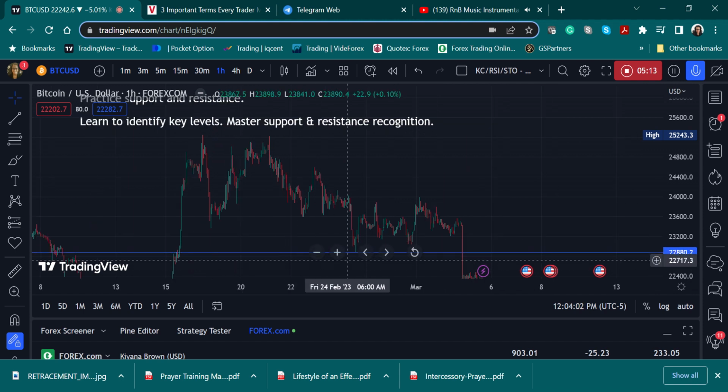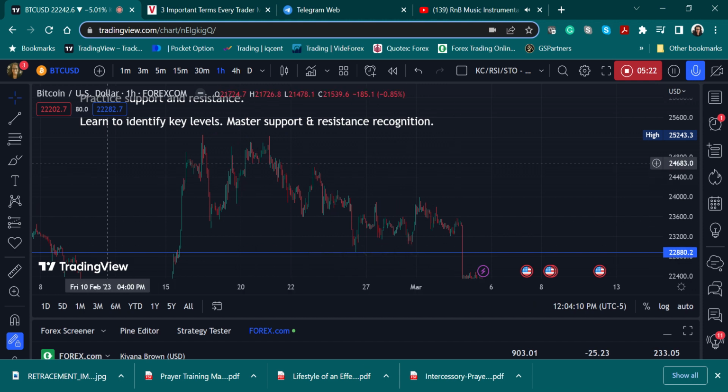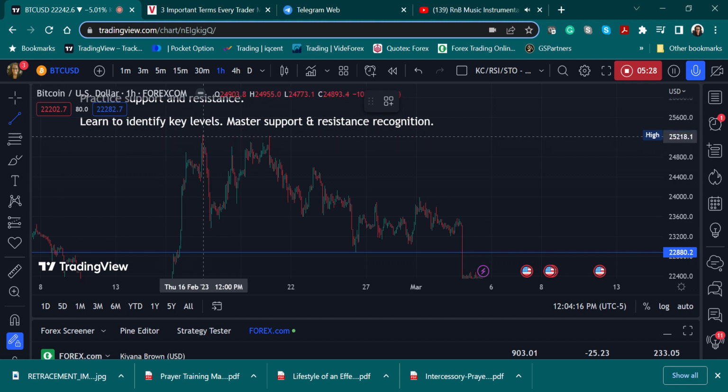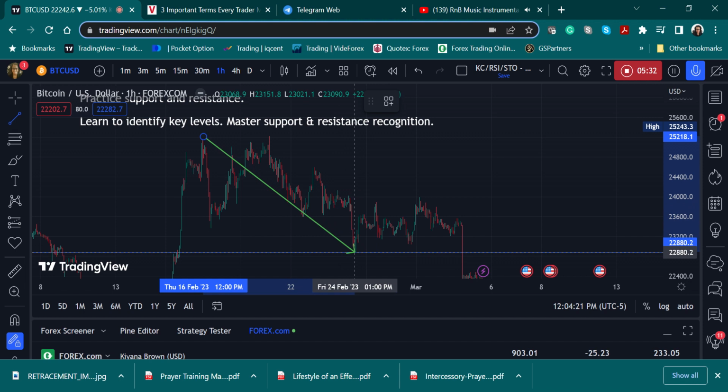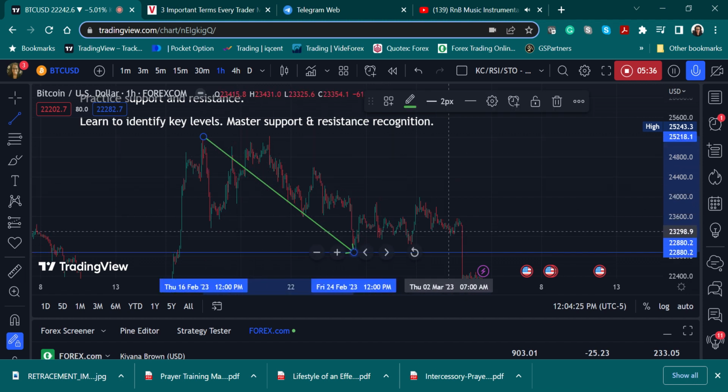In a downtrend, this is slowly moving down from here to here, but it's still ranging, staying within this range. So let's draw this. Okay, so this would be considered a downtrend.